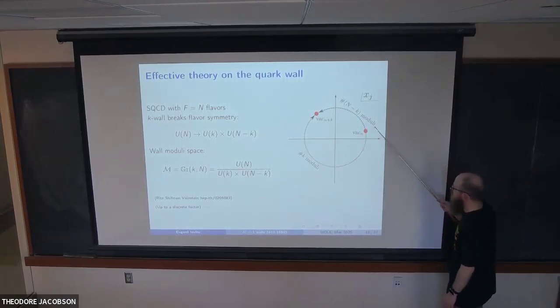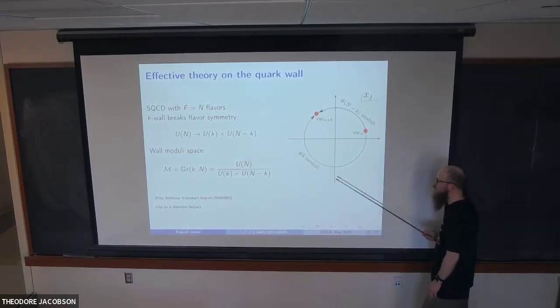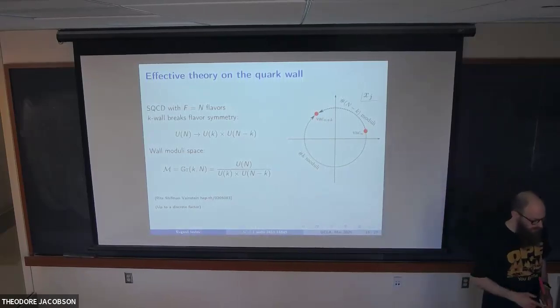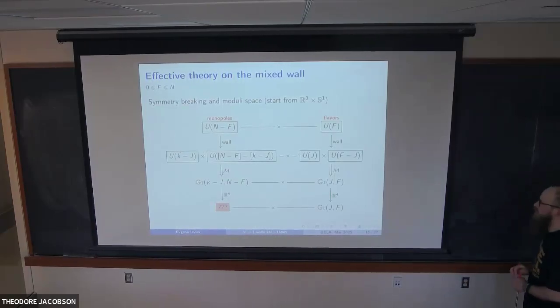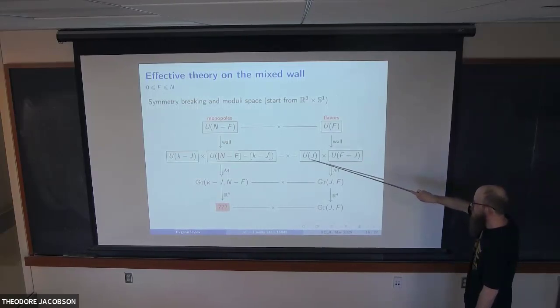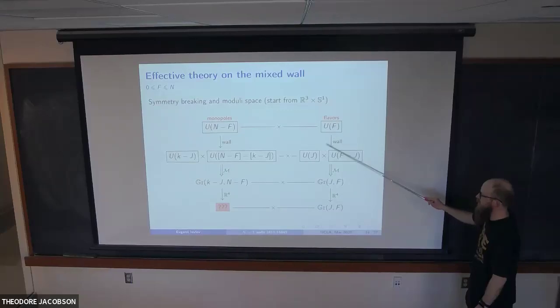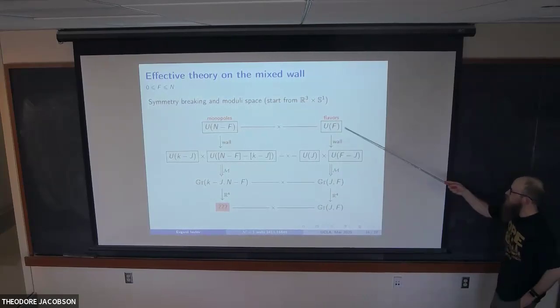As I said, each domain wall solution has a certain number of flavors going one way, and another number going a different way. So each wall explicitly breaks flavor symmetry, and your moduli space, which is the domain wall effective theory, is basically a quotient. If you have F flavors, then J is just the number of flavors of quarks that should go the long way and the rest the short way.